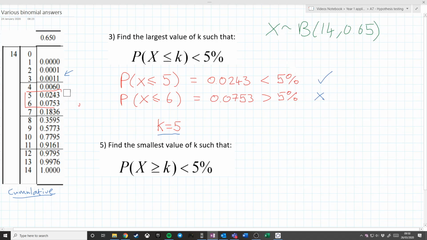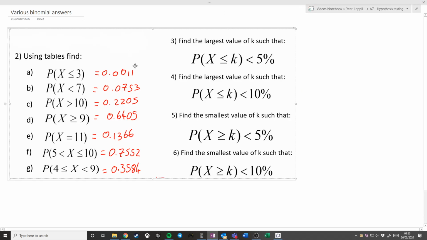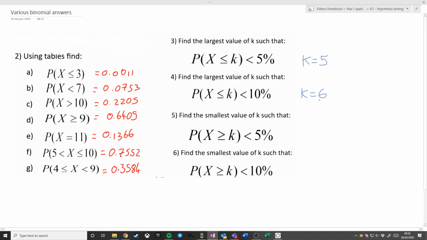Let me write that to be really clear. Switch from greater than to less than 10% happens between here and here. So the answer is 6. So the answer to the first question is k equals 5, and the answer to this question is k equals 6. They're very similar questions with a different value.